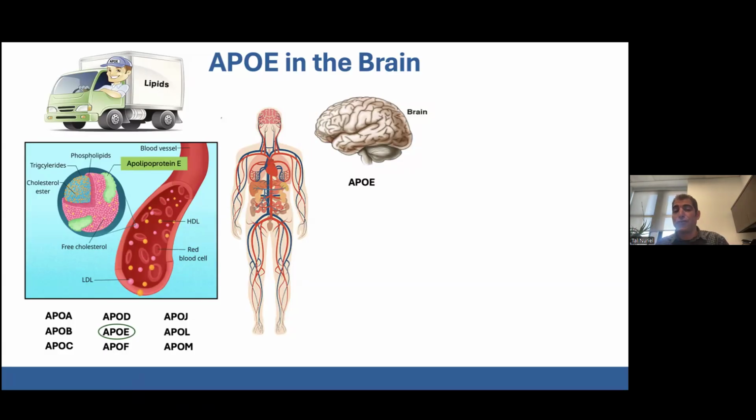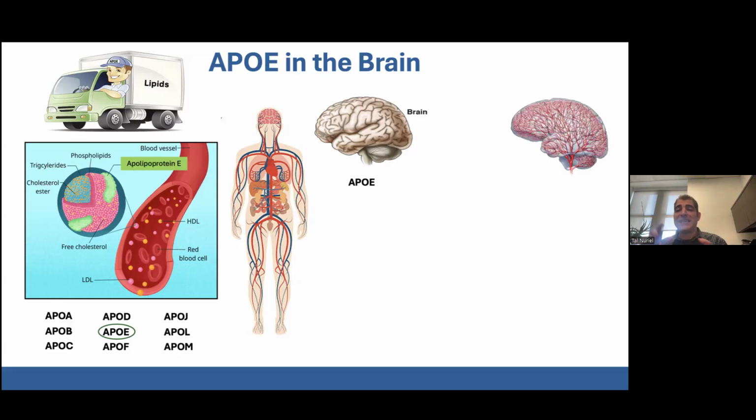In the brain, there's really only one doing most of the work. There are a couple of other lipoproteins that are active, but most of the work is done by ApoE. It's almost like the Teamsters, with a mostly exclusive contract on lipid transport in the brain.